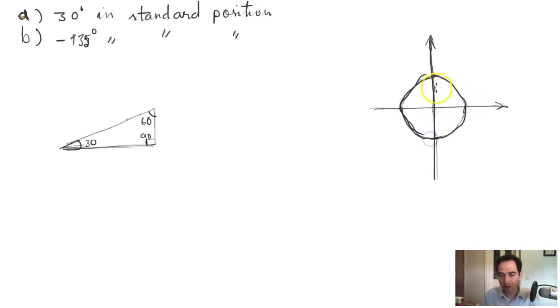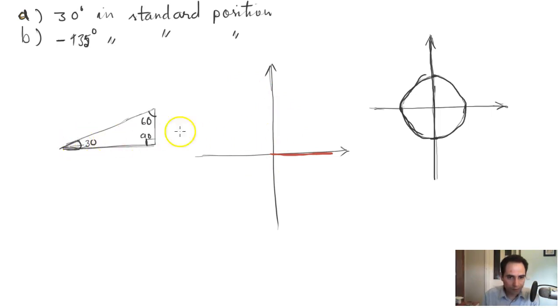And in this circle, all of the angles that you draw are essentially in this circle. Although in the book, when you begin with an angle in standard position, you draw a Cartesian coordinate system, and this side becomes the initial side of your angle, and then you keep moving in a counterclockwise direction.